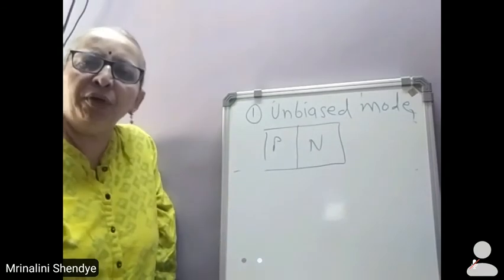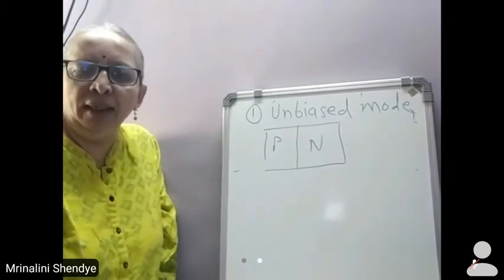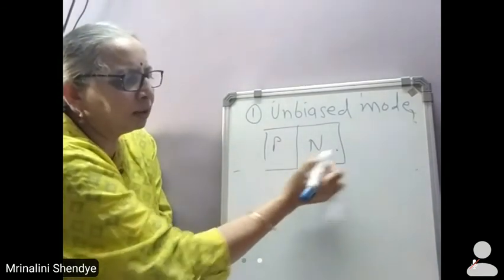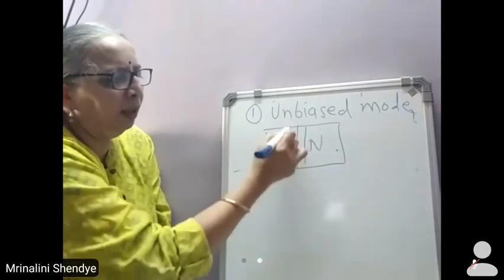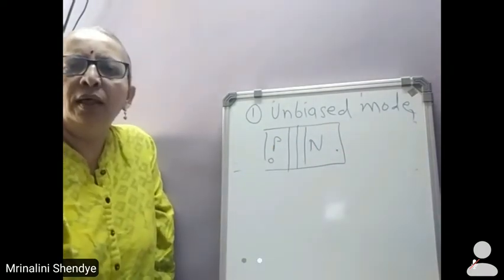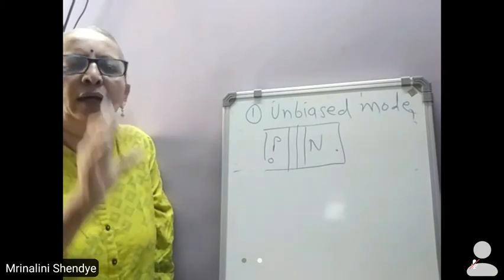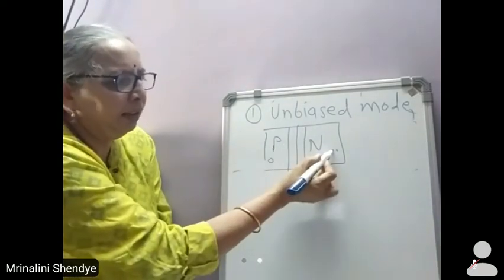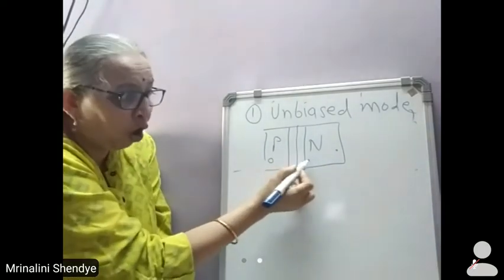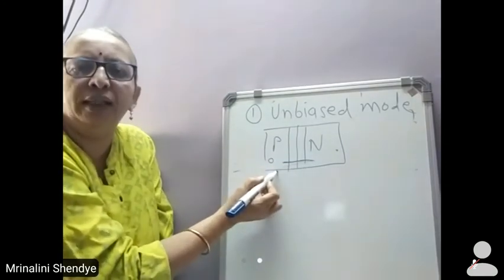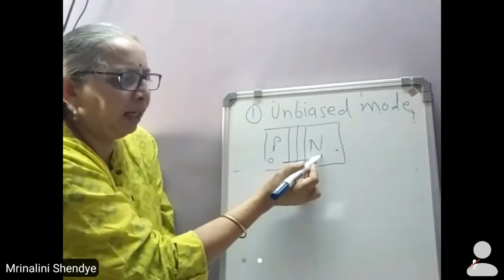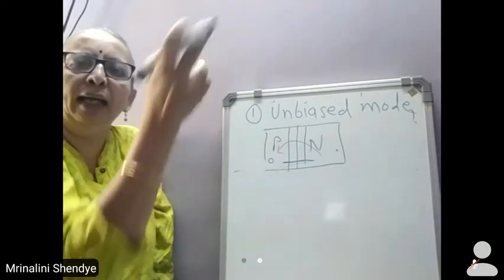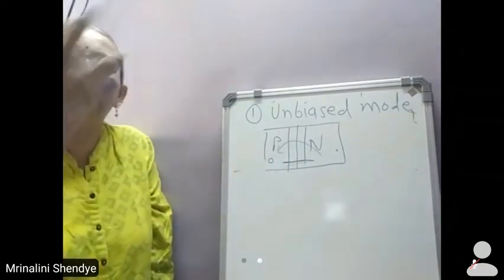But if you want to pass current through it, then these electrons and holes available should gain energy, and after gaining energy they will be able to cross this barrier potential, cross the junction and circulate in the external circuit.